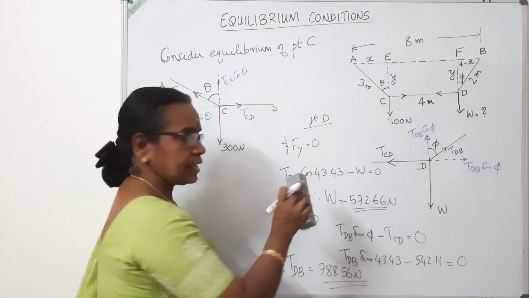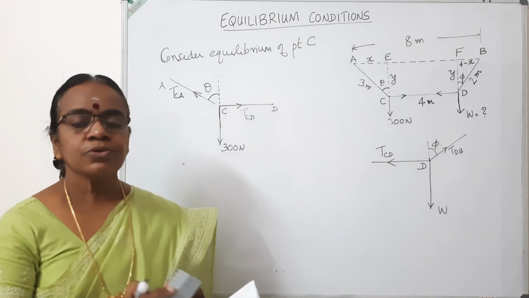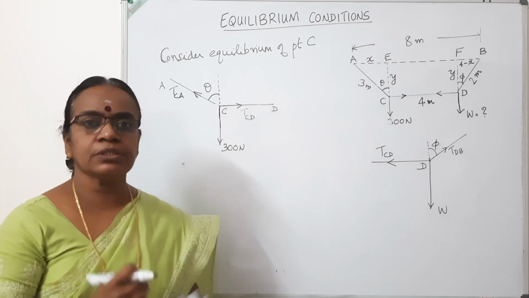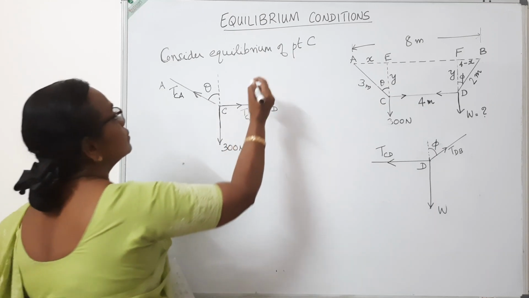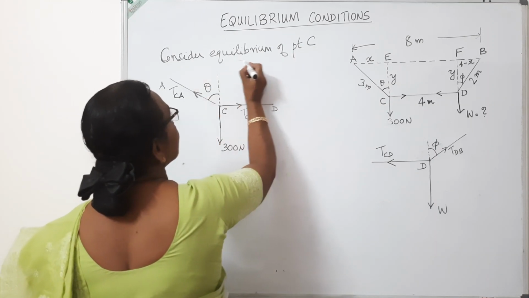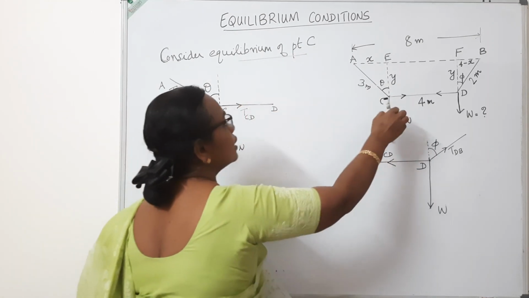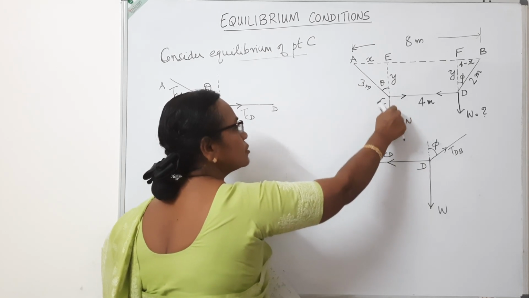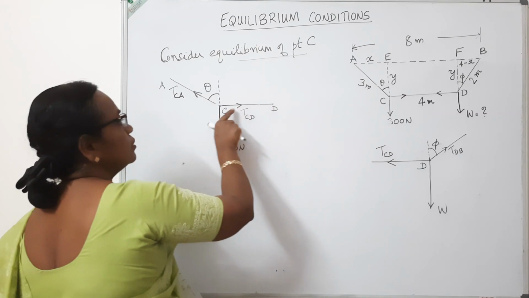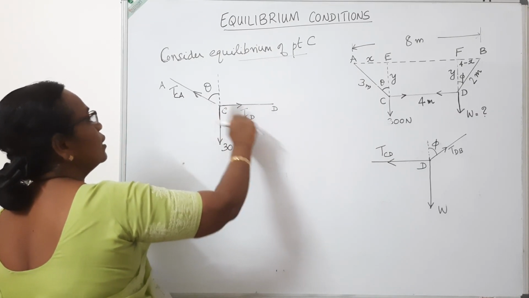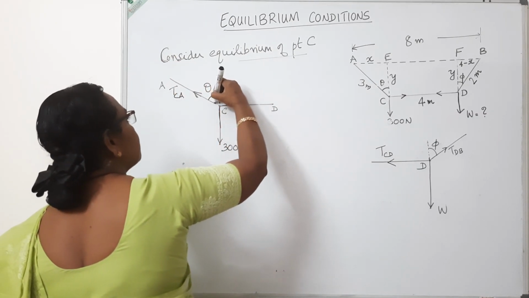I will explain that. The same example I am going to do with application of Lami's theorem. So consider the equilibrium of point C. As we have seen earlier, at point C, three forces are acting: 300 Newton downwards, the tension in the string CD, TCD, and TCA.